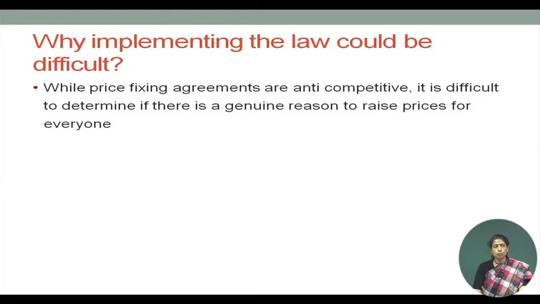So we have seen that there is a kinked demand curve, and there is a range in which firms are reluctant to raise prices. They are afraid of raising prices because they don't want to lose customers. On the other hand, it is possible for the firms to collude and raise the prices to a monopolistic level.